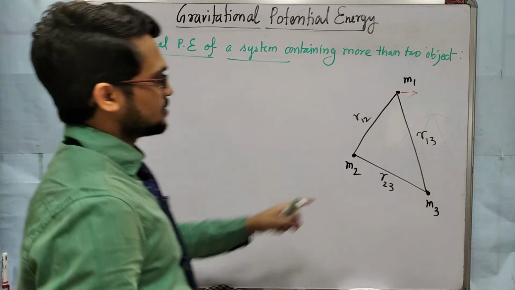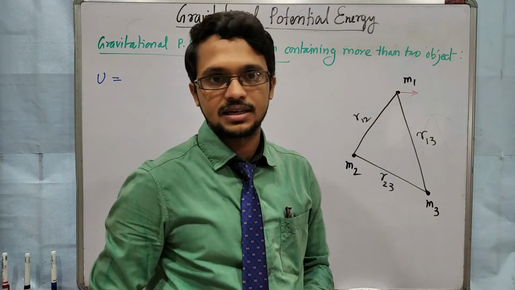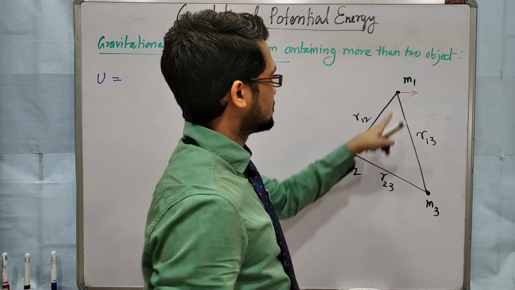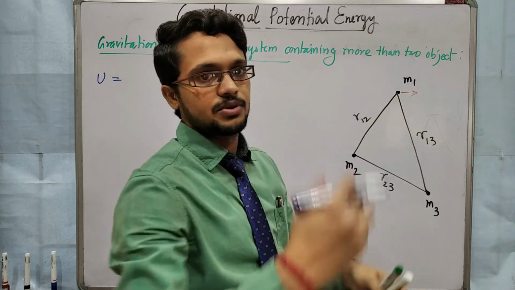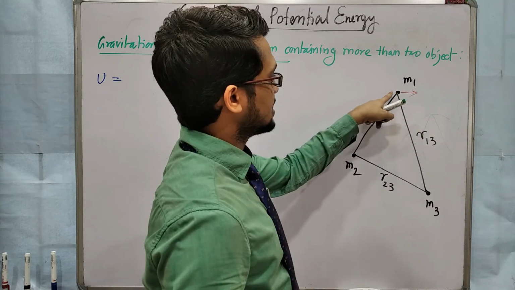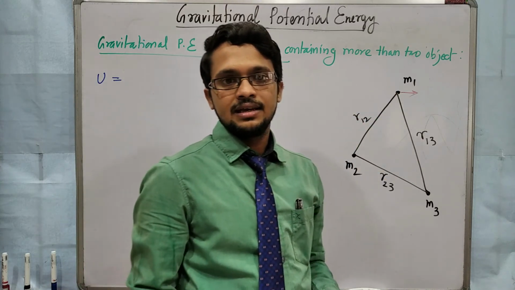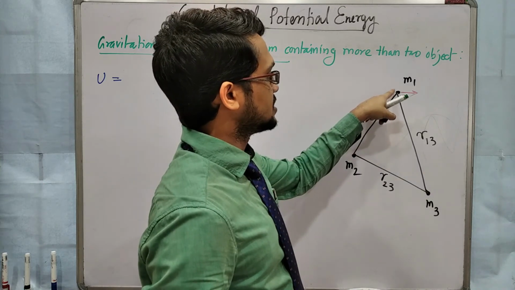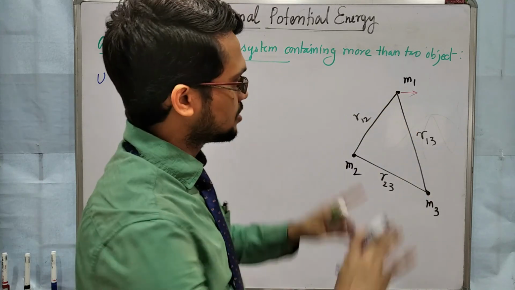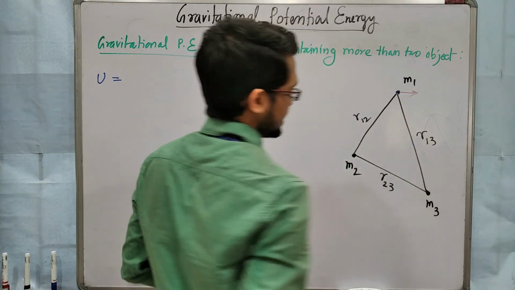When it is coming from infinity, there is no other object, so no potential energy will be stored in this object because it is not entering into any other's gravitational field. So no potential energy when we bring mass m1 to this point.